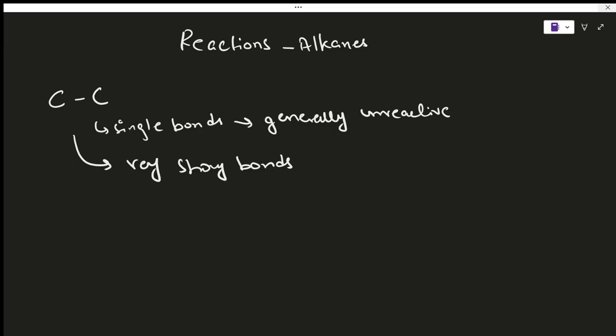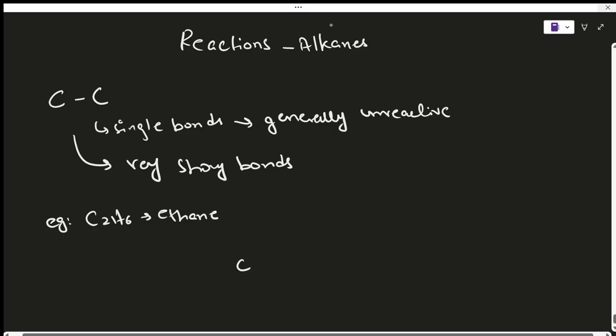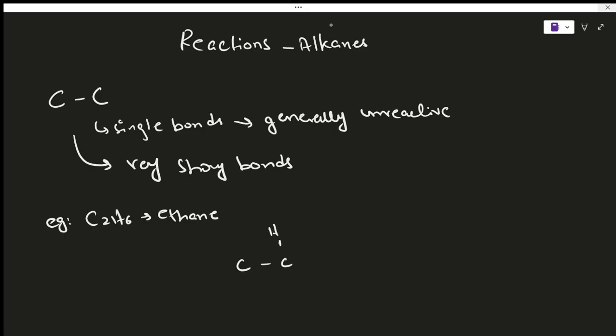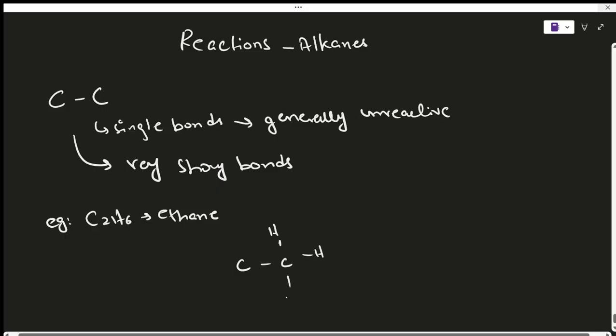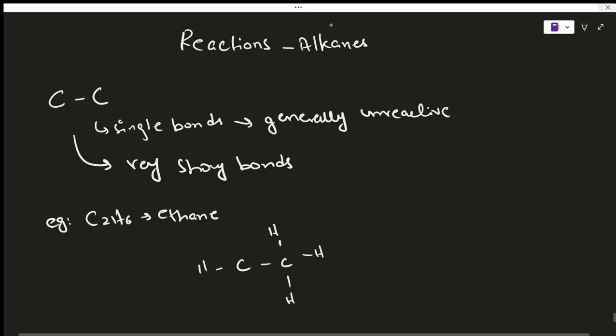Now, what you need to focus on here is that you don't need to confuse this with physical properties. Let me take an example. Let's say we talk about C2H6, which is an ethane molecule, and I draw a structure like this.